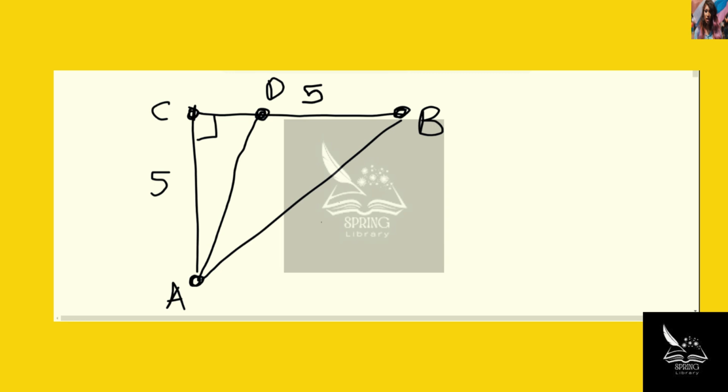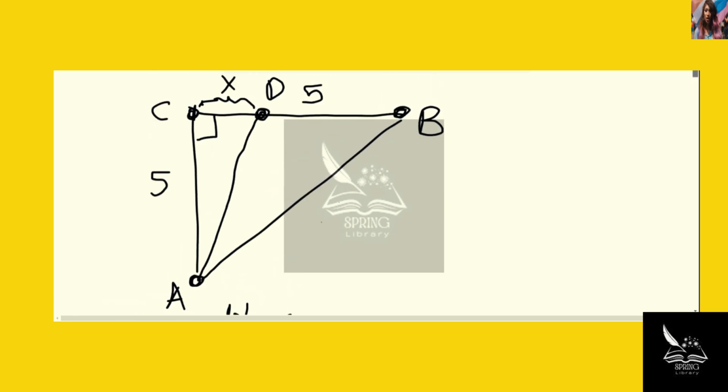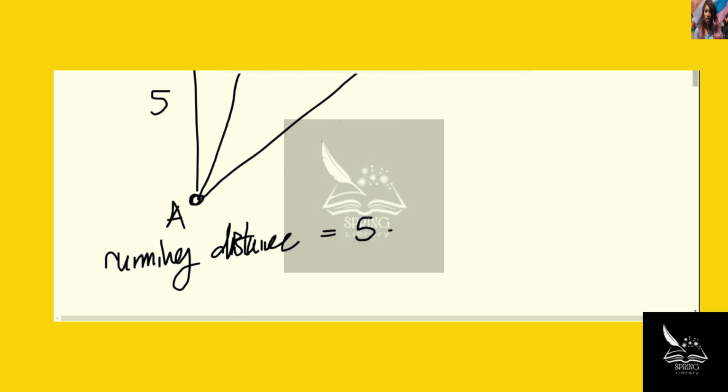Now let's call this mystery distance from D to C x. So x is the distance downstream from the point directly across the river. Now the running distance, this is the length of DB, which is 5 minus x.